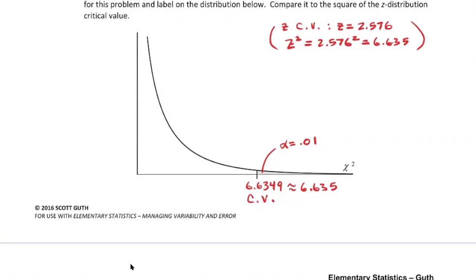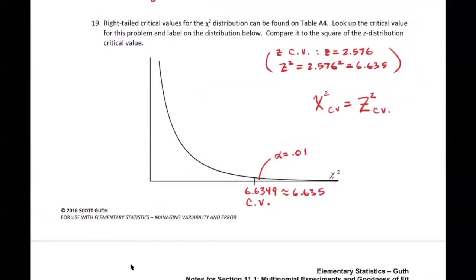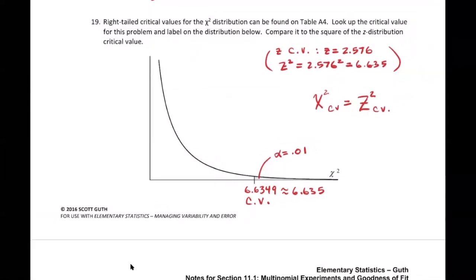Okay, so again, I want to point out that the chi-square critical value is equal to the Z squared critical value. And again, the differences are because of the rounding that we do as we go through, and the table's values are rounded as well. No way around it. Get it?